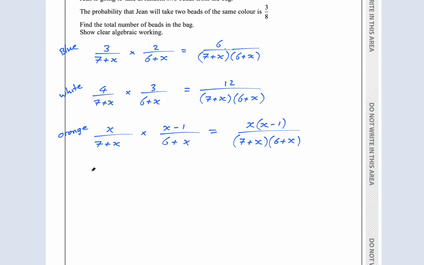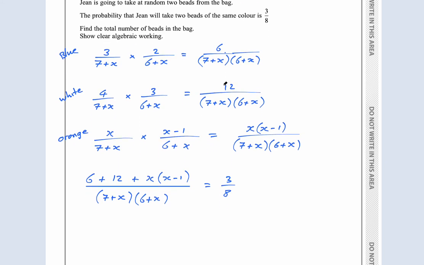So it's 6 plus 12 plus x times x minus 1, all over the common denominator, which is 7 plus x times 6 plus x, equals 3 over 8, because he says it here. Basically, we need to find x, and then the total will be 7 plus x.